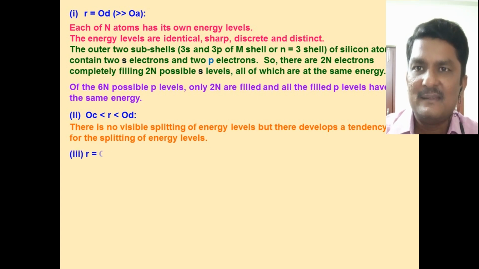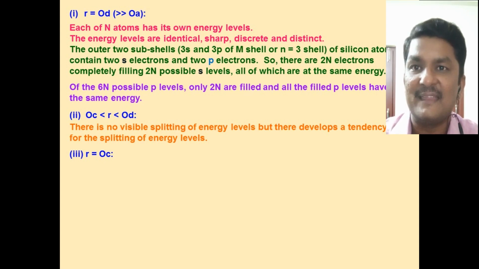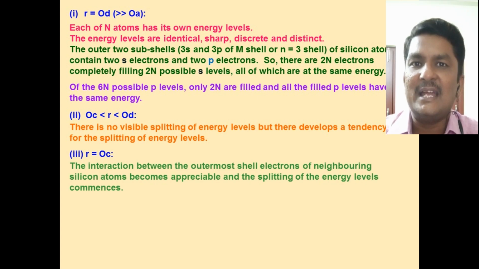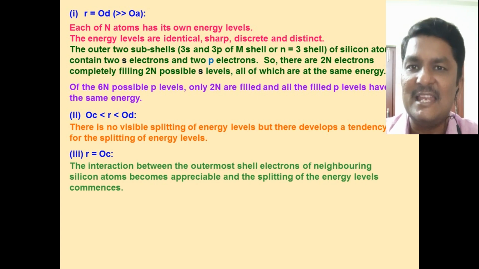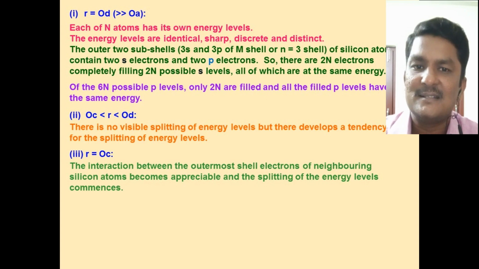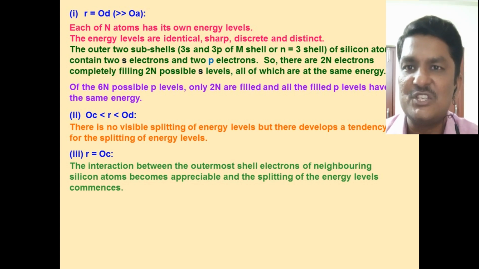When R equals OC, the interatomic spacing equals OC, as I mentioned in the graph, the interaction between the outermost shell electrons and neighboring silicon electrons becomes appreciable, and splitting of energy levels starts. Splitting of energy levels commences at this position.